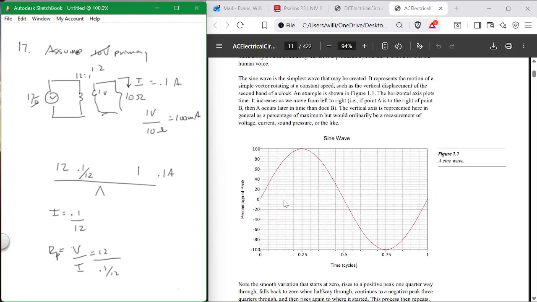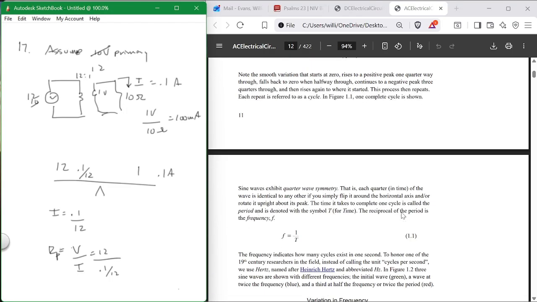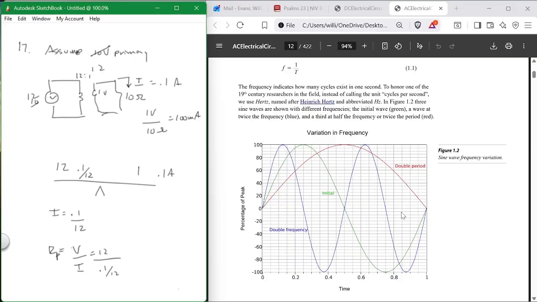So this is a sine wave. It goes up and it comes down, it comes back. If you didn't know what that looked like before, that's what a sine wave looks like. That's what a cosine wave looks like. Now, here is a half frequency, here is a 1 frequency, and here is a 2 frequency of the same thing.